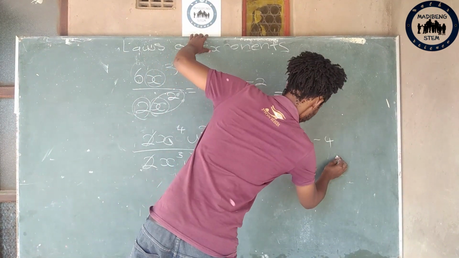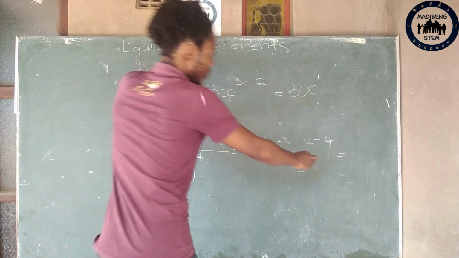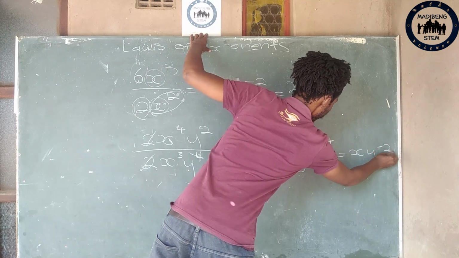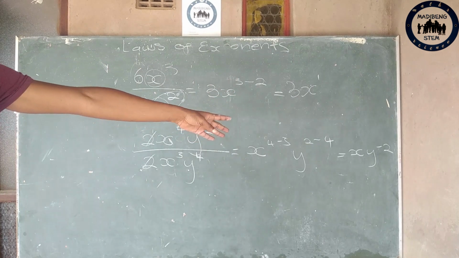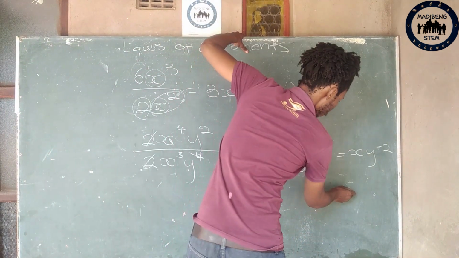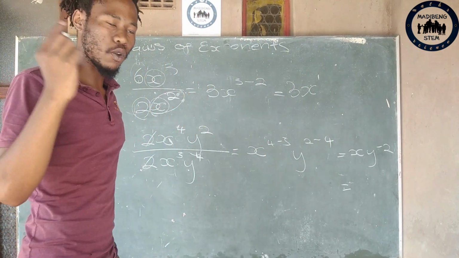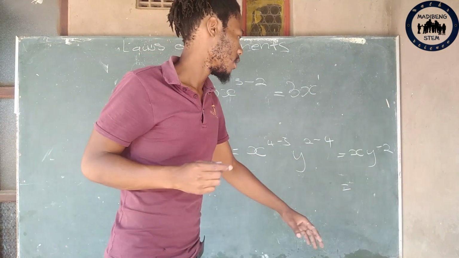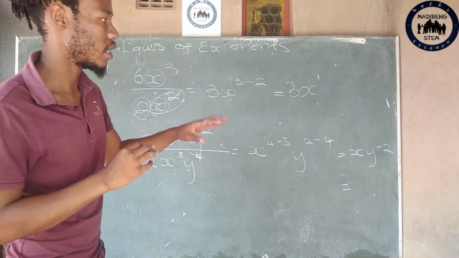So 4 minus 3 is 1, and this gives us x, y to the power of minus 2. We have a negative answer here. You don't leave your answer like this. This is where you have to remember the last law of exponents, the one that I told you: you don't leave your answers with a negative exponent.